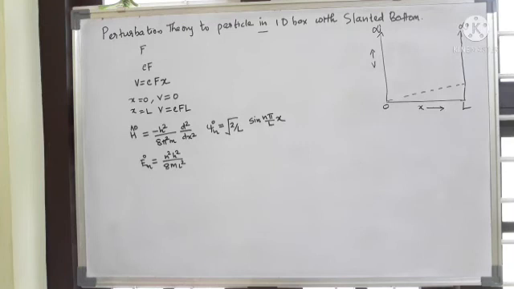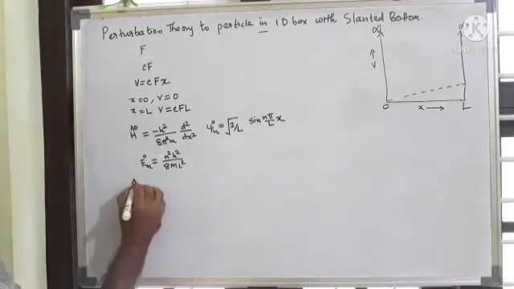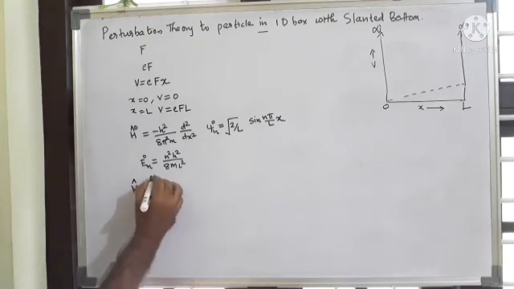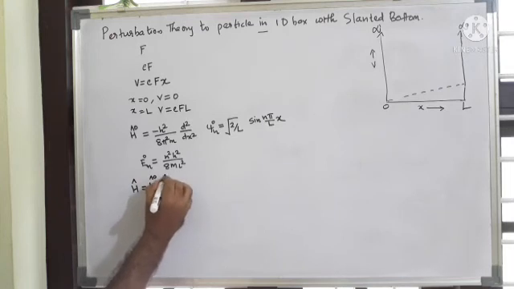Then we have to find the perturbed Hamiltonian H cap, which equals H cap 0 plus H cap prime.